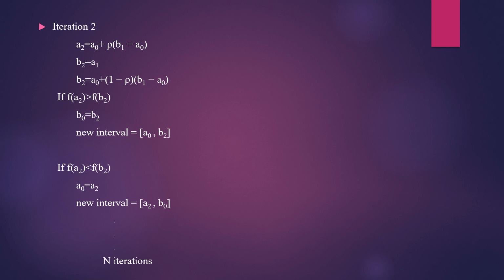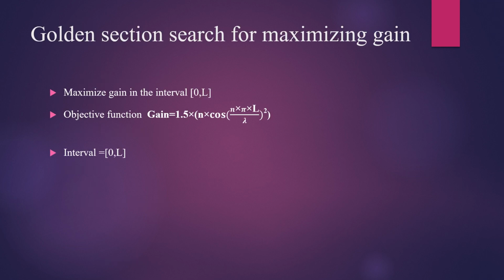The a2 can be found from the equation a2 equal to a0 plus rho times (b1 minus a0), and b2 is equal to b1 minus rho times (b1 minus a0), or it can be found from the formula a0 plus (1 minus rho) times (b1 minus a0). Again, we have to calculate the objective function value at a2 comma b2, compare and find the new intervals, and we have to repeat this process up to n iterations.